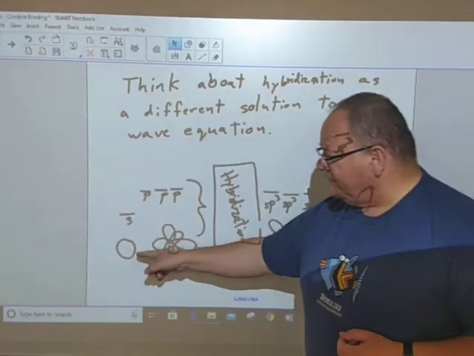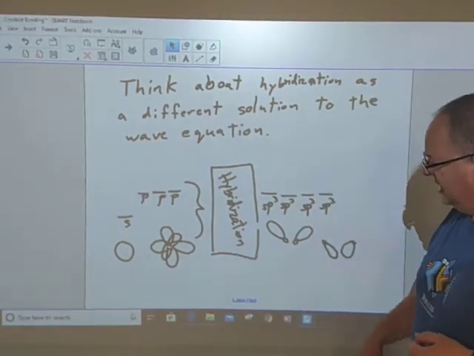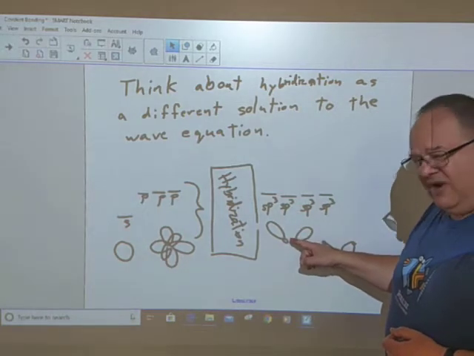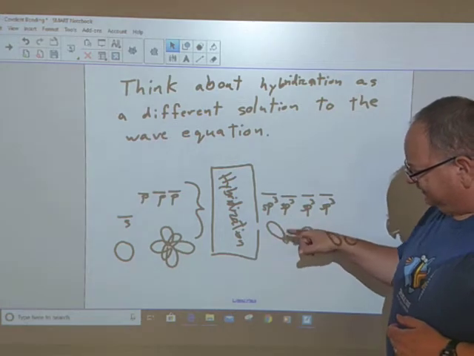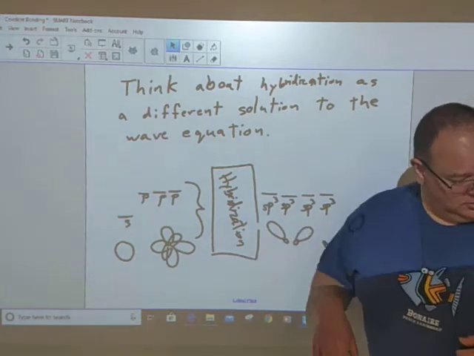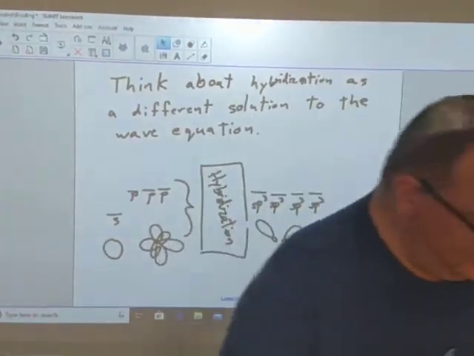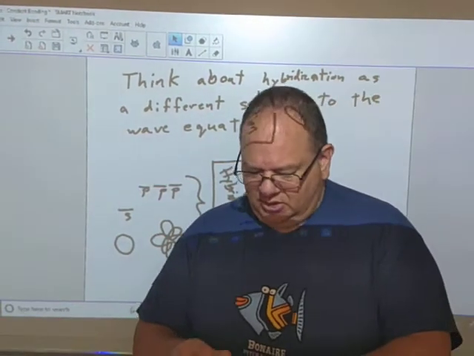So where s was a spherical orbital and the p orbitals are those peanut-shaped, the sp3 orbitals have 2 lobes, but one of them is almost non-existent, and these 4 lobes are going to point a lot like what we had in our molecular geometry.